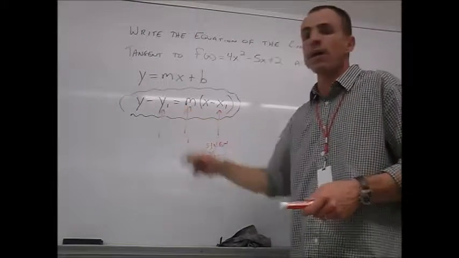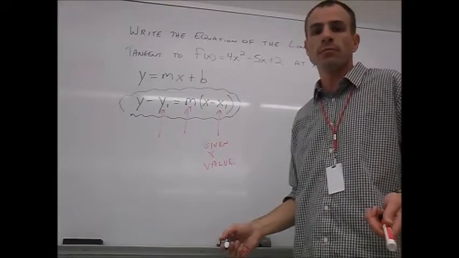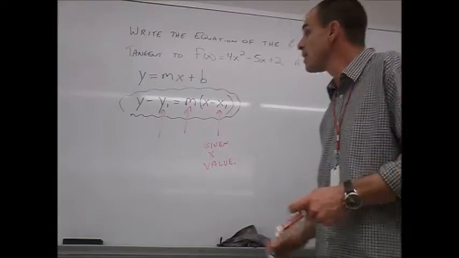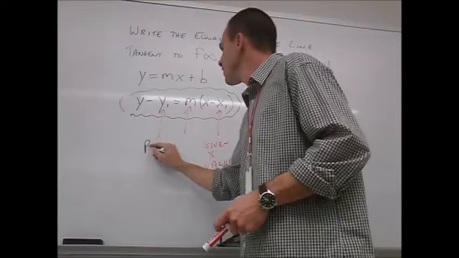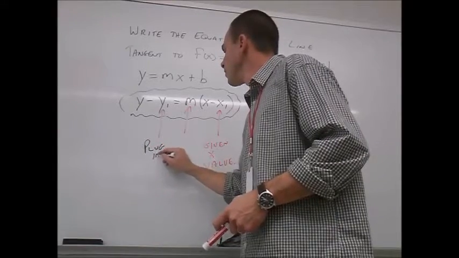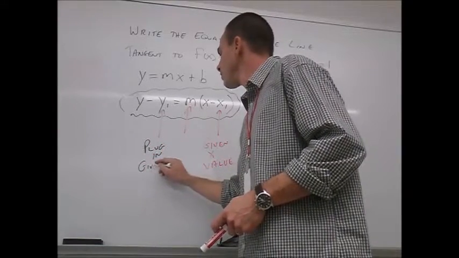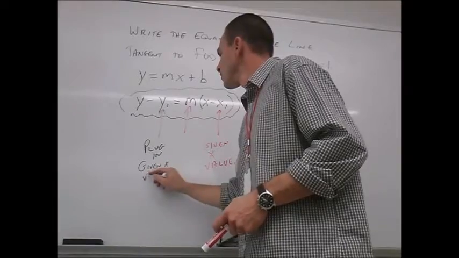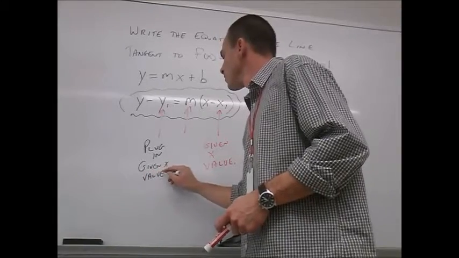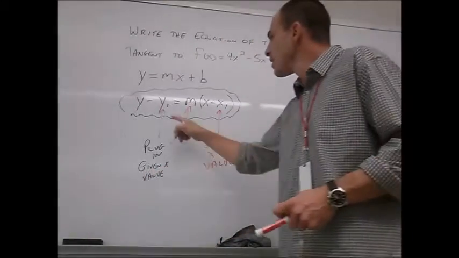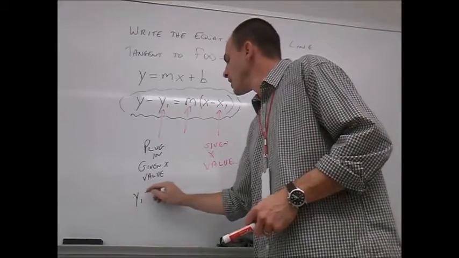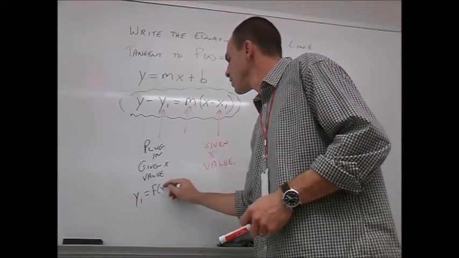How do you get a y value of a function in general? That's right. You plug the given x value in. So we're going to plug in the given x value. That is to say that y1 is the function's value at x1.